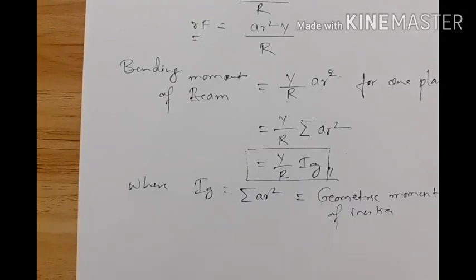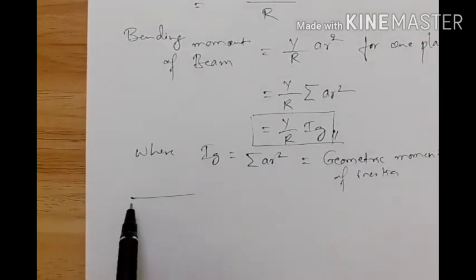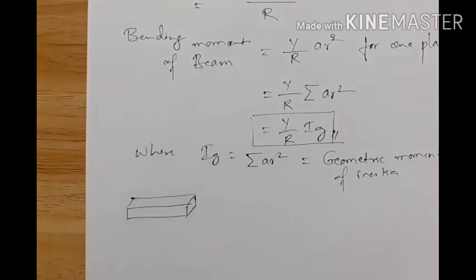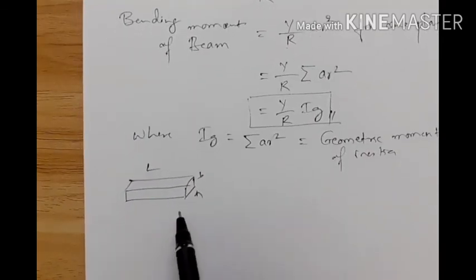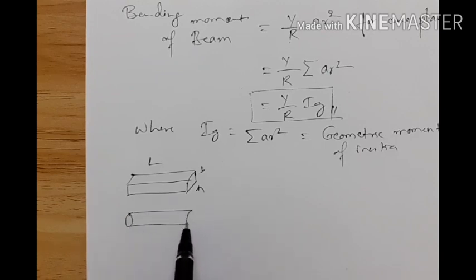Okay, now the beam can be like this. This is the rectangular beam which has length, breadth and height, and this is a circular beam, which has a radius.